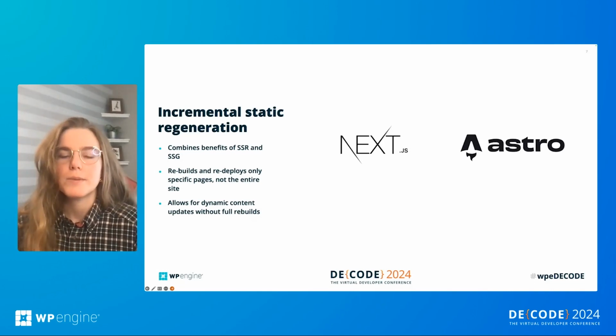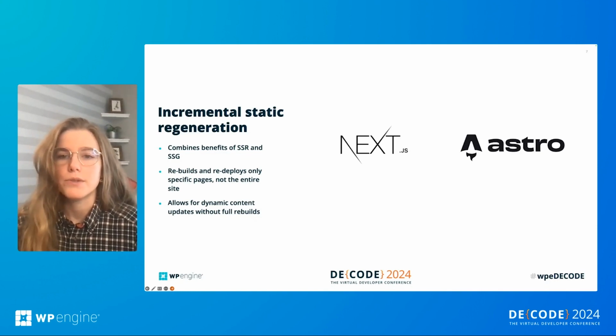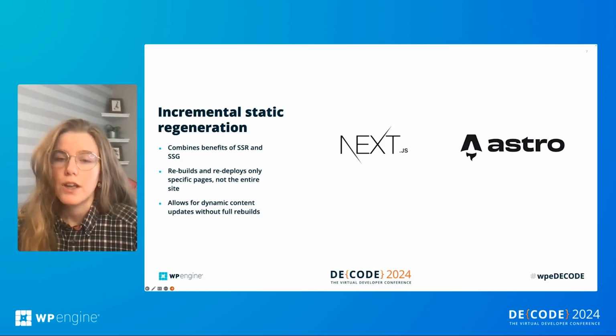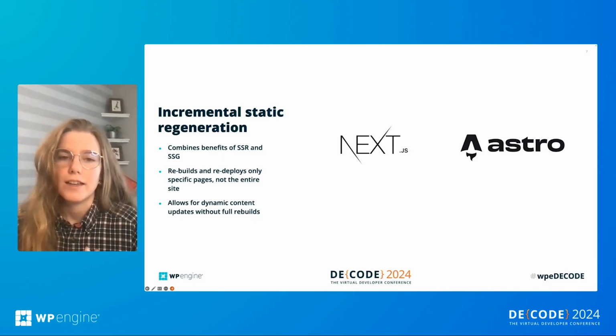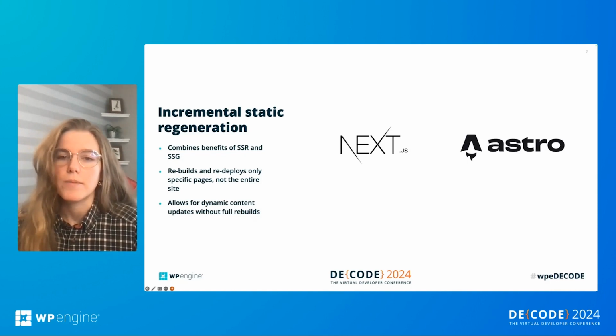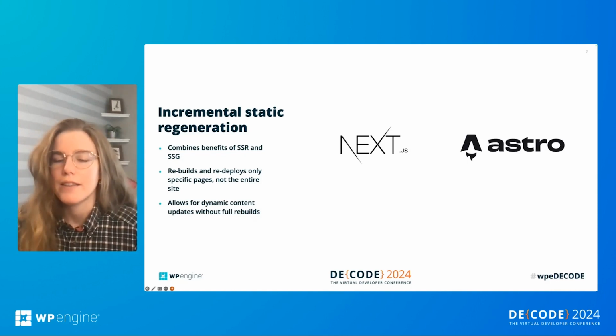When content on a specific page changes for, say, reviews on that product, then ISR can trigger that partial rebuild and update only that affected page, rather than regenerating the entire site like in SSG. So pages that don't frequently change can still be statically generated. And that helps with some of the bottlenecking that you'll see with that technique. Incremental static regeneration can take care of some of that for you.